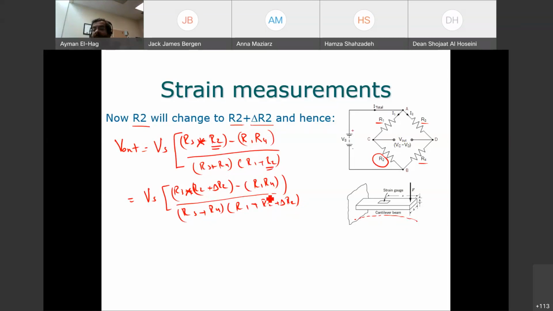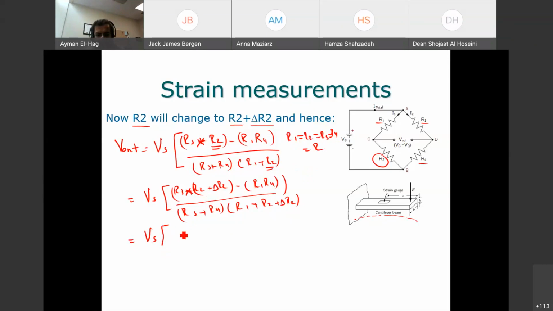Now let me assume that all the R's, R1 equal to R2 equal to R3 equal to R4, equal to R. So all of them are just R, and then we'll have delta R. This is very practical. You can select all of them to have the same value.